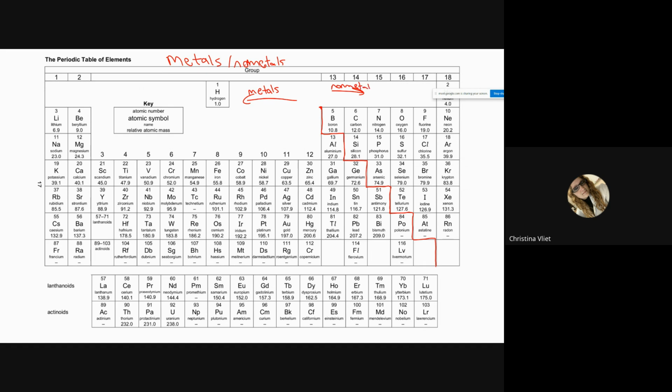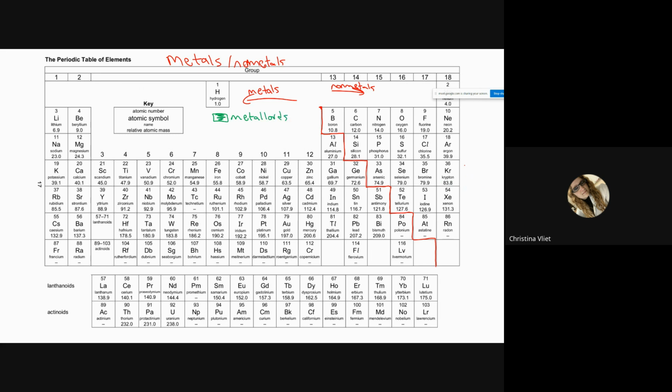And so the next thing is you're going to pick a color. Pick 3 colors: one for metals, one for non-metals, and one for metalloids. I'm going to pick my first color for metalloids. I'm going to fill in the center section first. I'm picking green and calling those the metalloids.